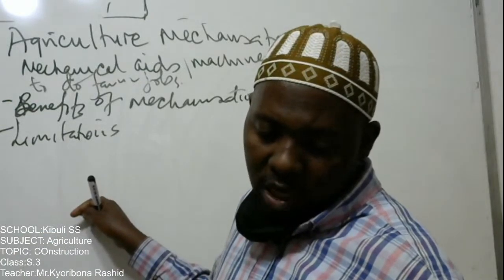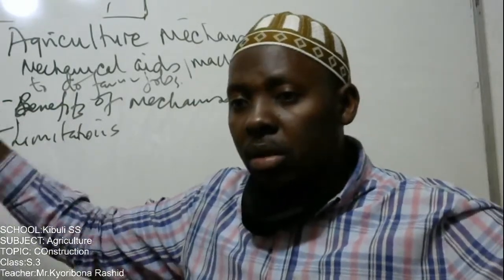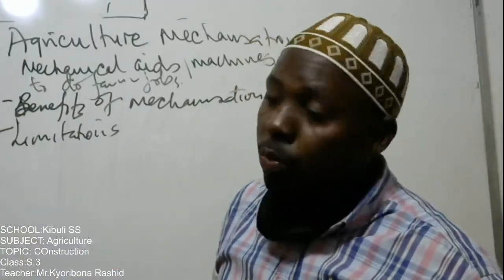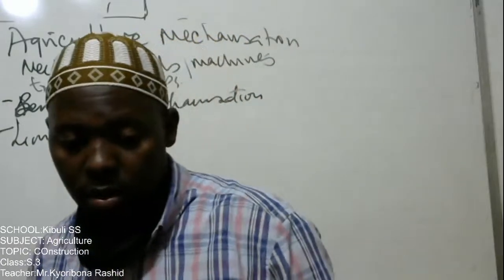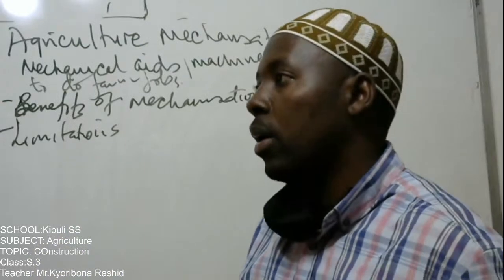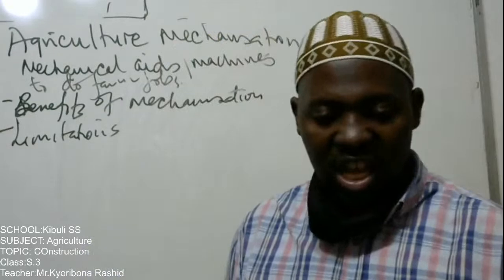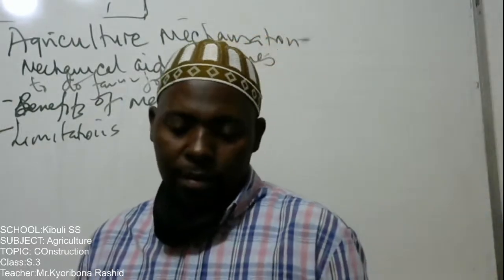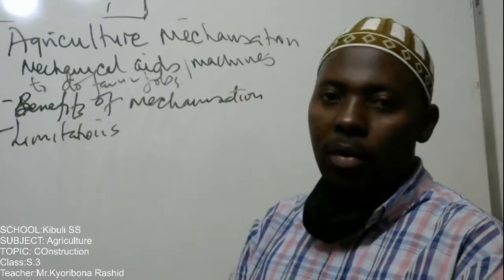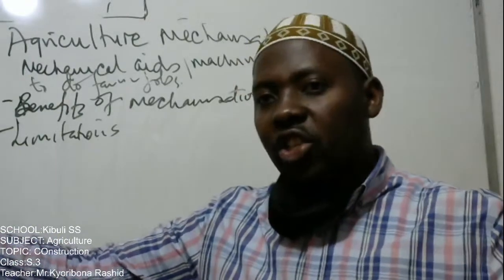Because we know mechanization helps to increase the farm output, because you put a lot of land to use when you use machines than when you use manual labor. When you're using machines, one man can plow 10 acres of land. One man. Whereas when you're using hands, you have only 1 acre. Therefore, in terms of production, when you use machines, production is high.